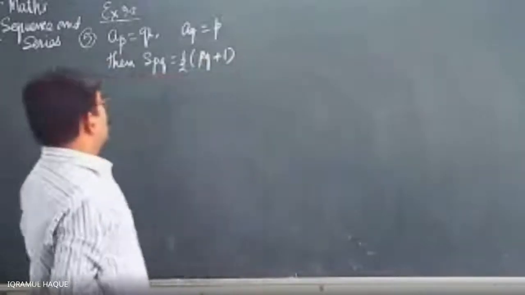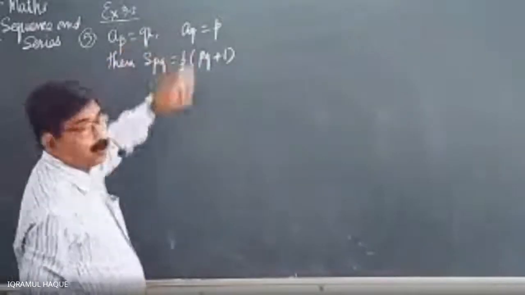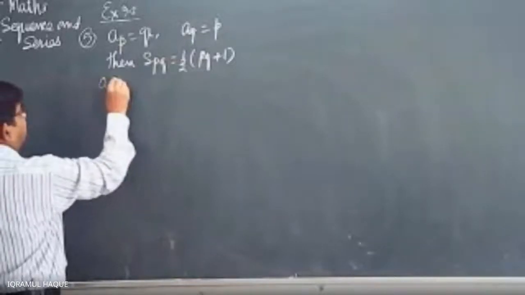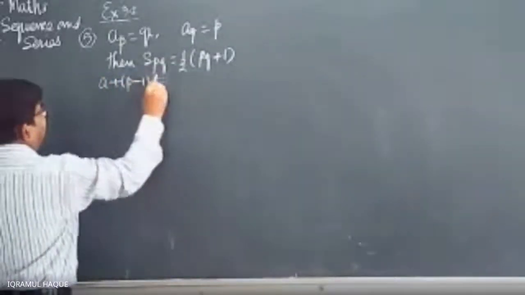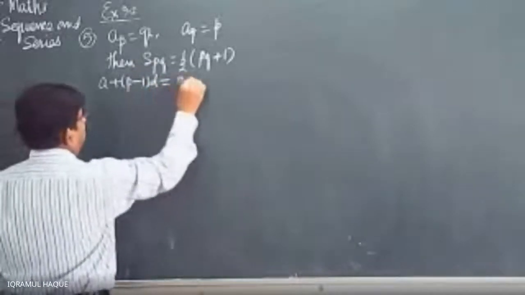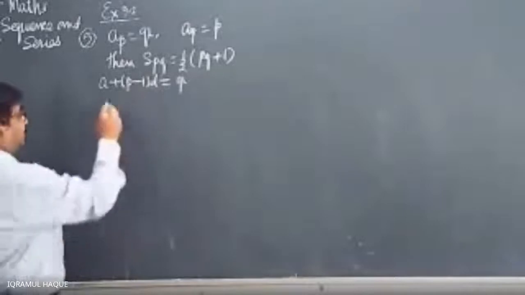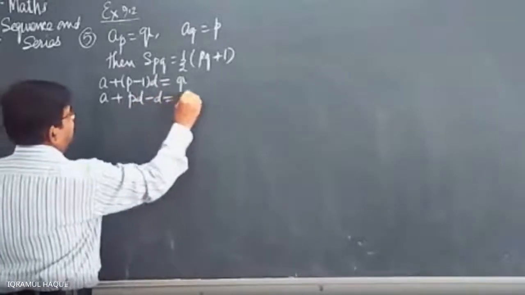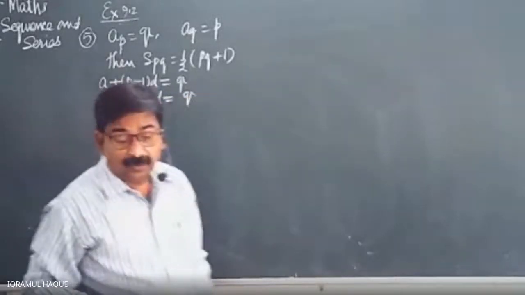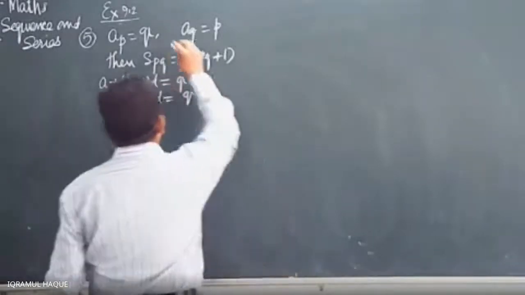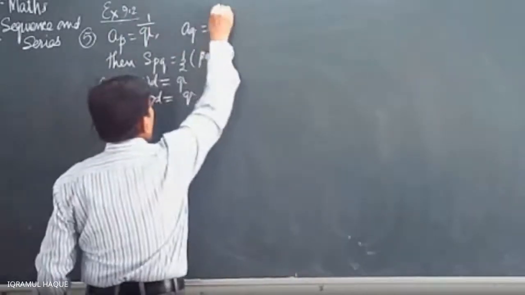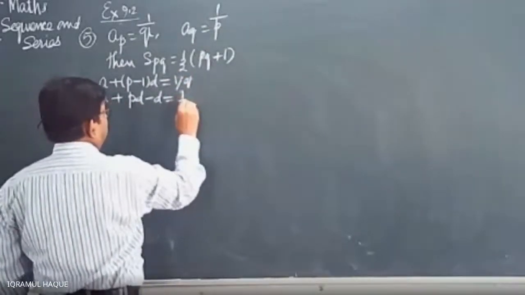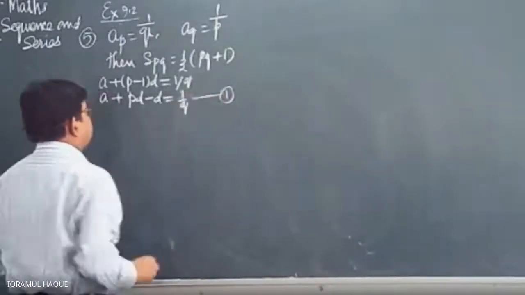Yes. So, given terms are AP and AQ. Write the formula of AP and AQ. A plus (P minus 1) into D is equal to 1 upon Q. Multiply this out: A plus PD minus D is equal to 1 upon Q. This is equation number 1.